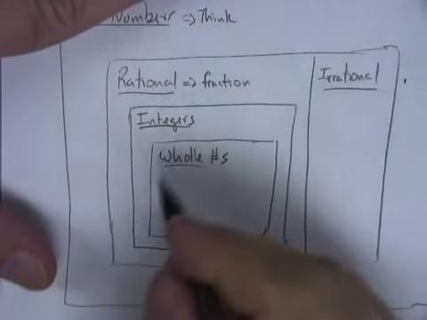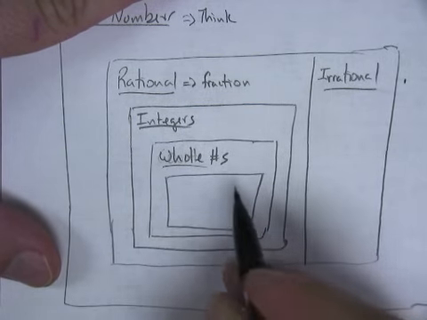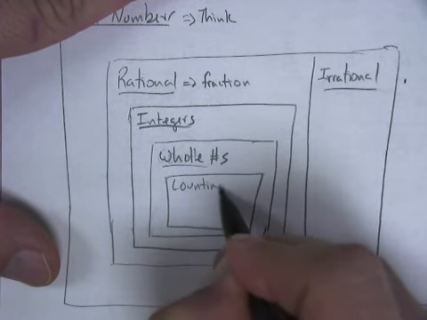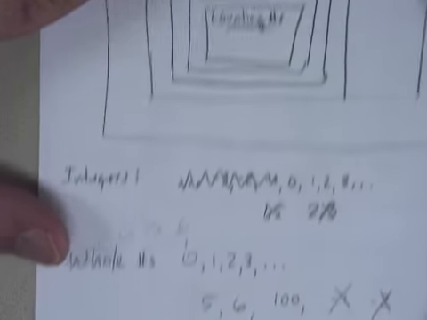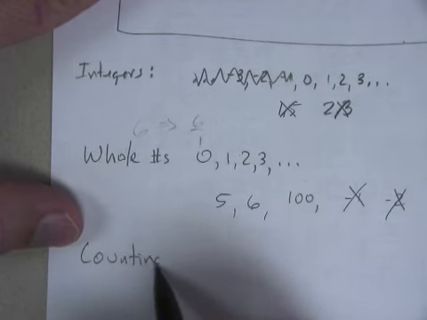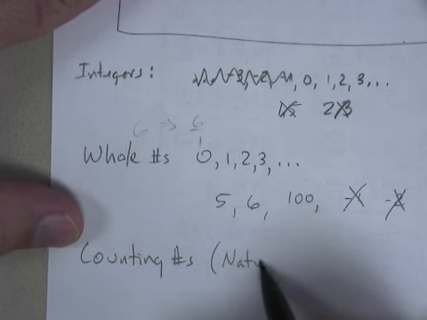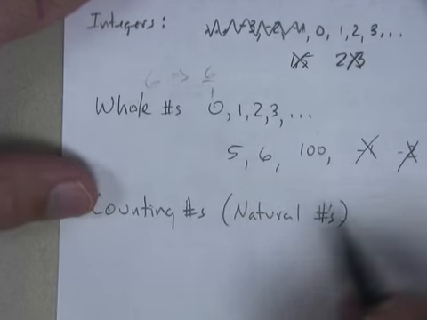Okay, the last classification, sorry, the last classification is counting numbers. So let's go through counting numbers down below. Counting numbers are easy. Actually, counting numbers are also known as natural numbers.